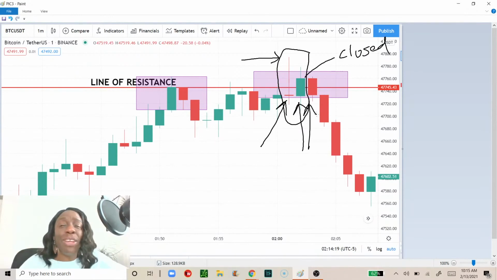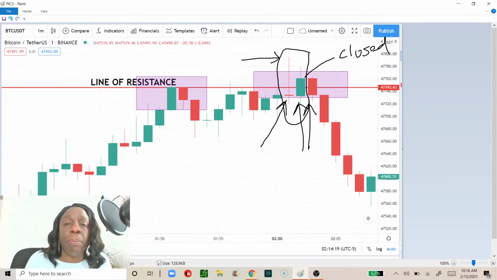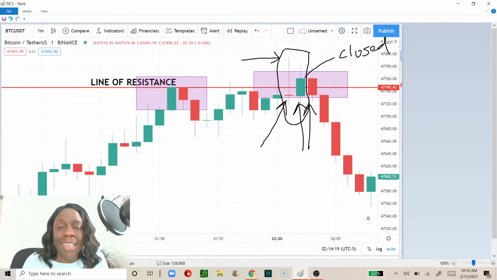Guys, if there's no confirmation, you don't enter the trade. Many of us are trigger happy, and that's how I describe myself. Sometimes when my hand is on the button, I'm more prone to hit it than to wait. I have been bitten by this bug so many times, where you're so excited that price is moving up and you want to jump in there.